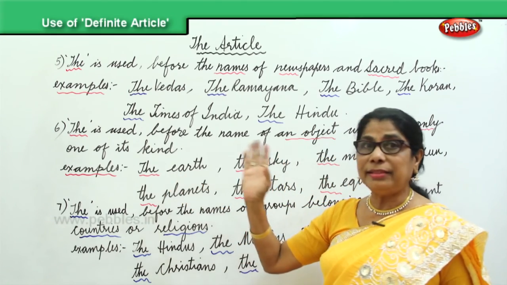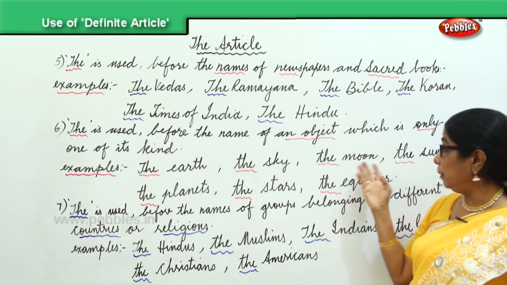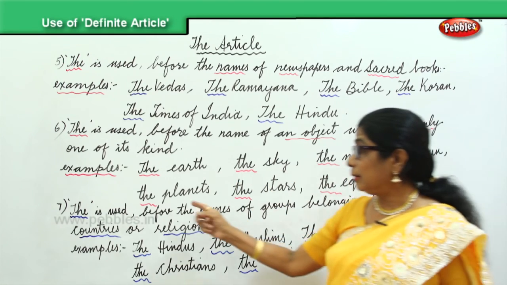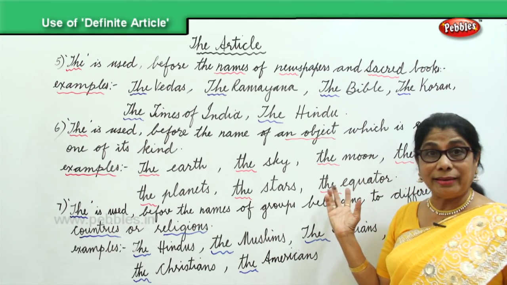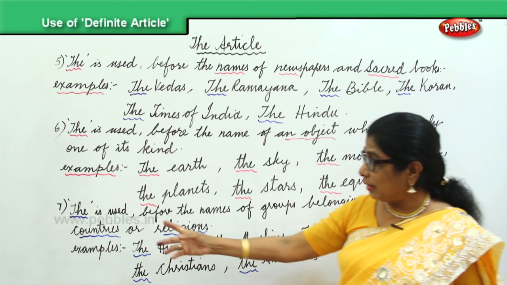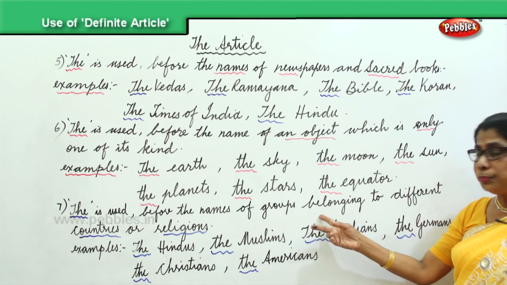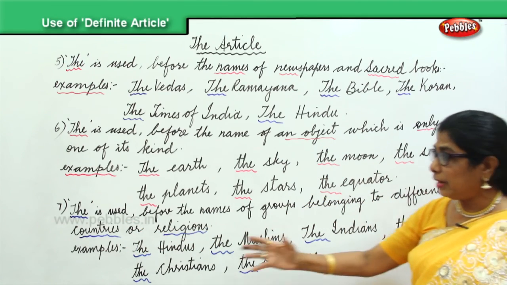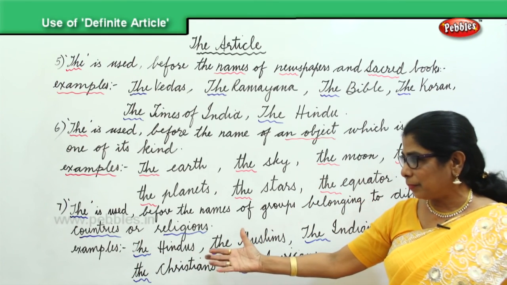Then you say the earth, the sky, the moon, the sun, the planets, the stars, the equator. Then the seventh category, the is used before the names of groups belonging to different countries and religions.